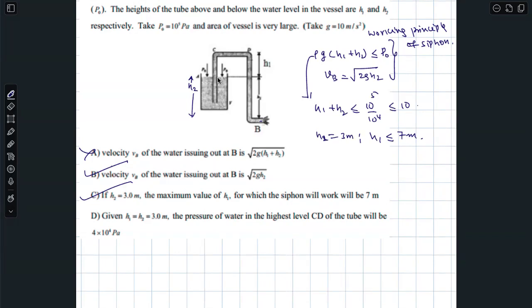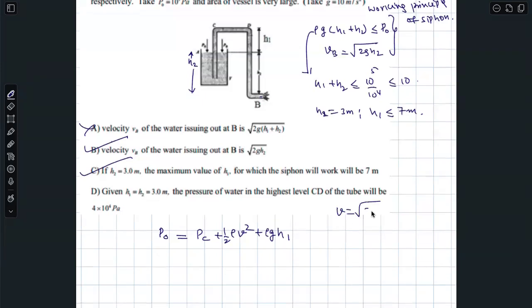Okay, fine. What you will write is P naught is equal to P at C plus half rho V square plus rho g H1. Do you remember this relation? Now, one thing is very clear. V is always root 2 g H2. There is no change in that. So P naught is PC plus half rho 2 g H2 plus rho g H1, which implies PC is P naught minus rho g (H1 plus H2).